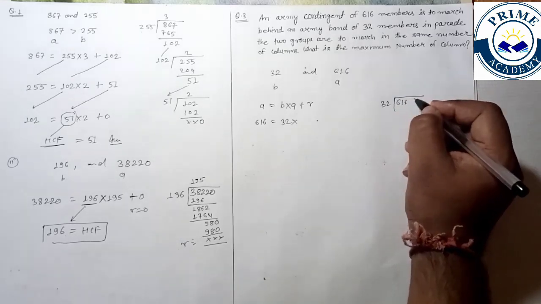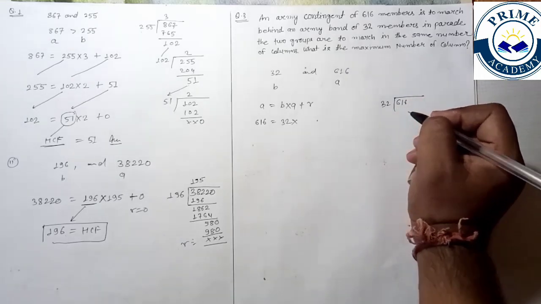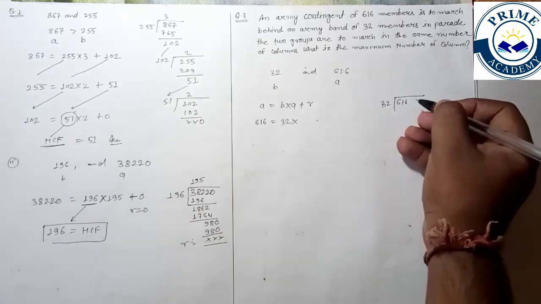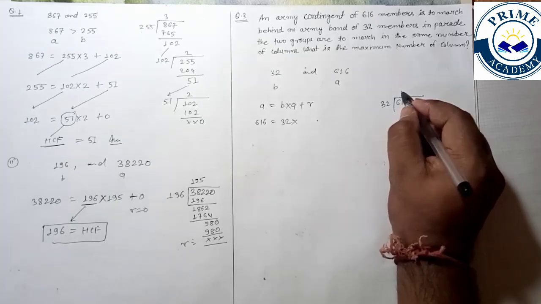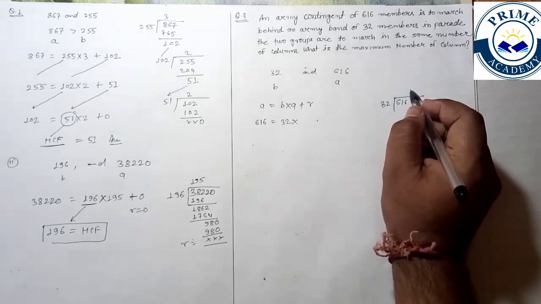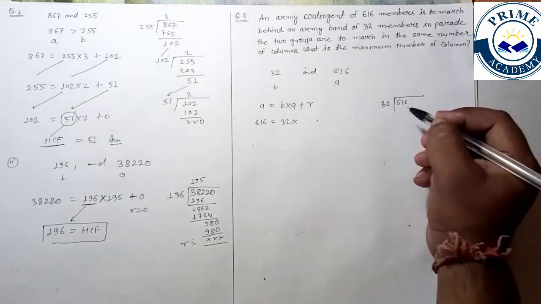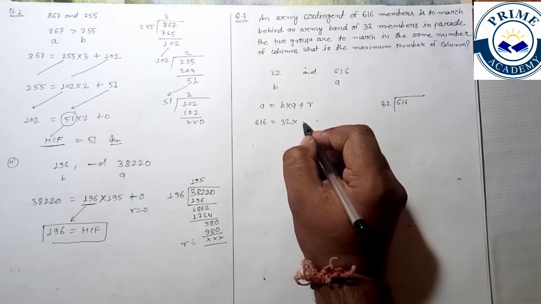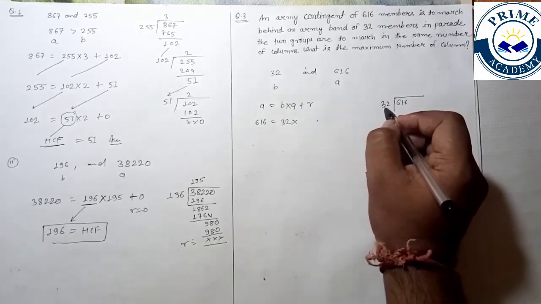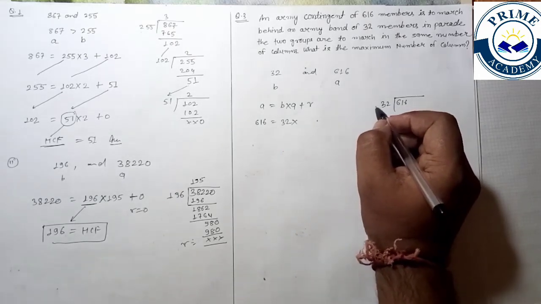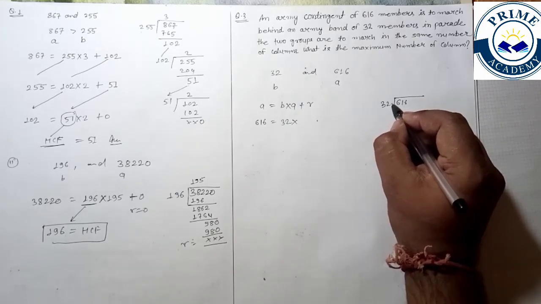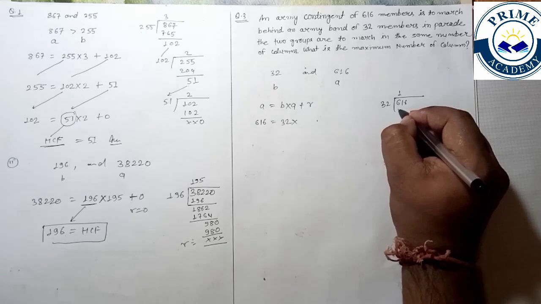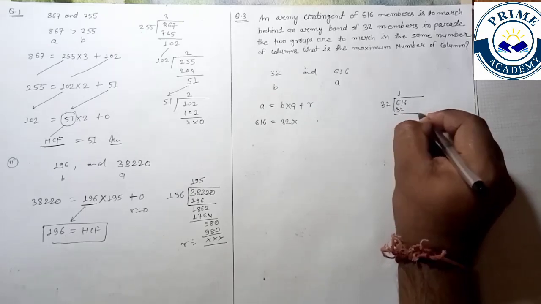How much will you get? You just divide these. Whenever you take 2, it will be more, so you just take 1, or take a bigger number. This is 32, and you put a 1 over here. What will you get? 32, right?